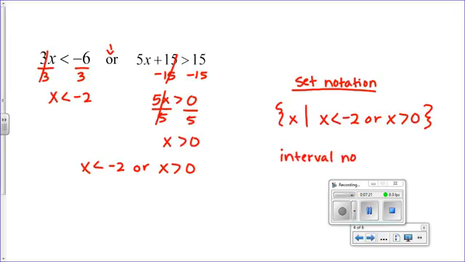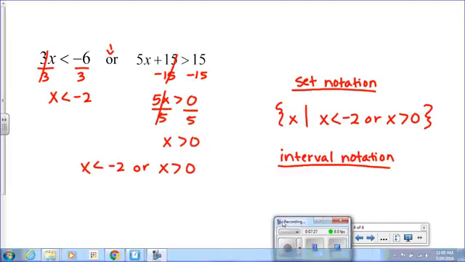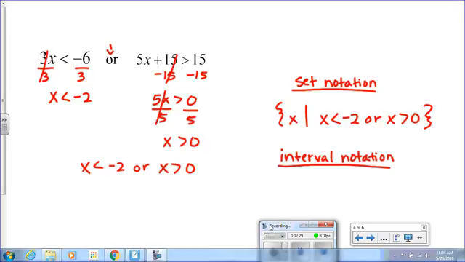To do interval notation, I need my number line. This time 0 is not part of my solution, so I will put an open circle there. I have an open circle at -2 and an open circle at 0.